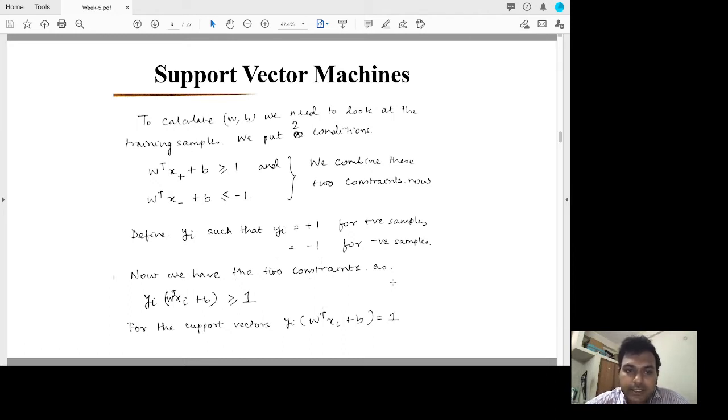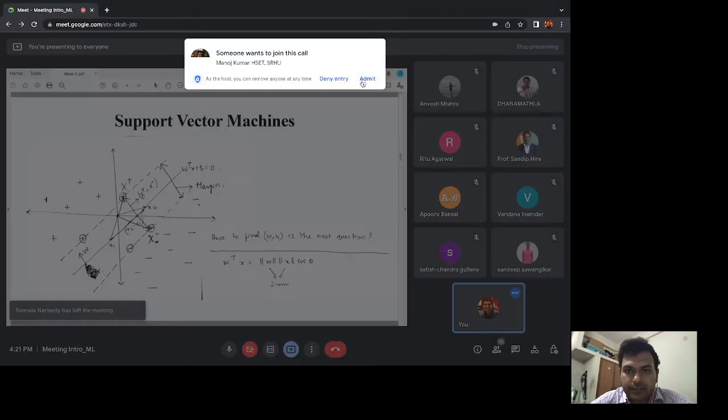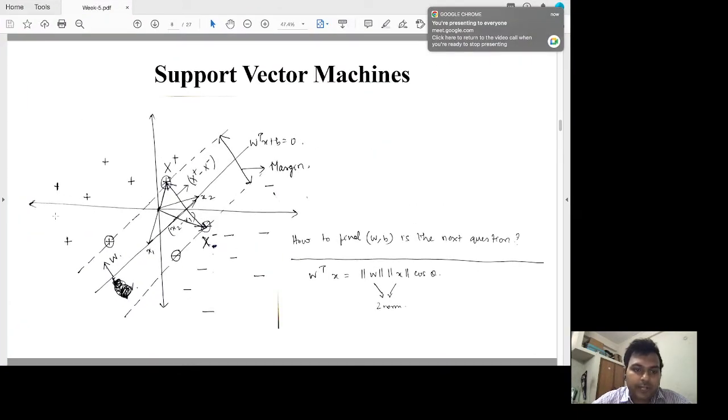The first condition is, now this is the way SVM was designed in the first place, and SVM has followed on from here. The condition being put here is, for all the positive samples, which means all the positive samples on the top left, W transpose X plus B must be greater than or equal to plus 1.